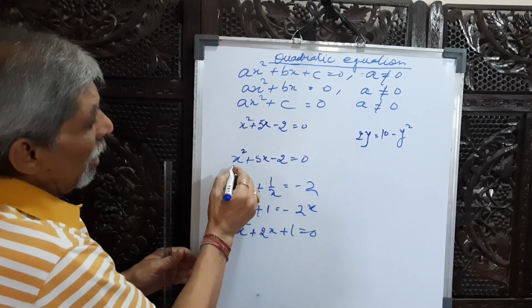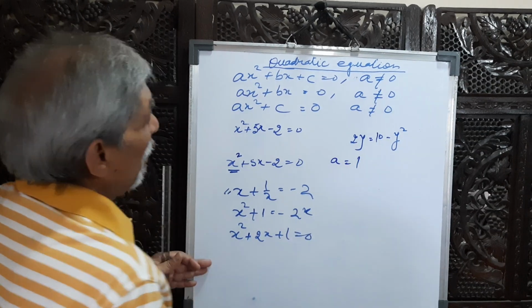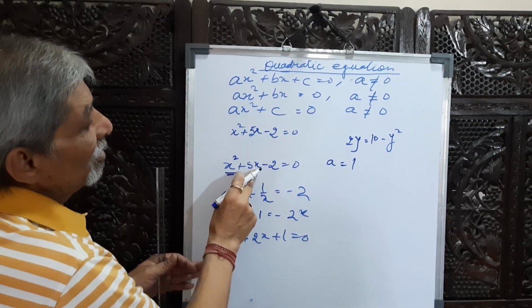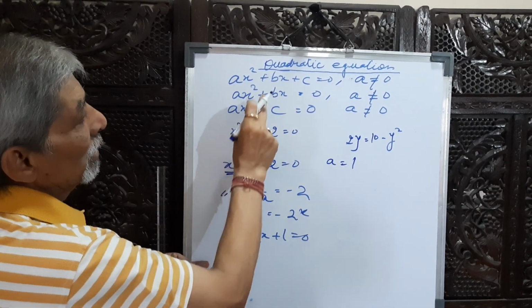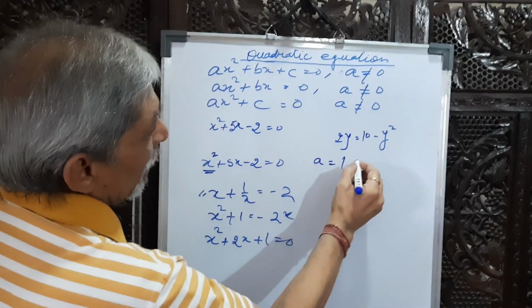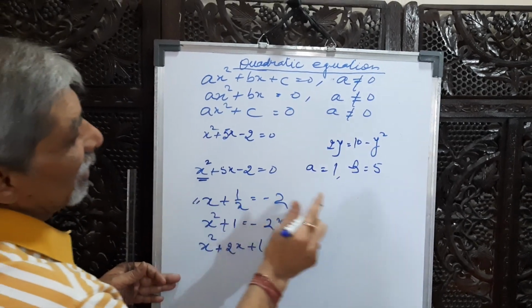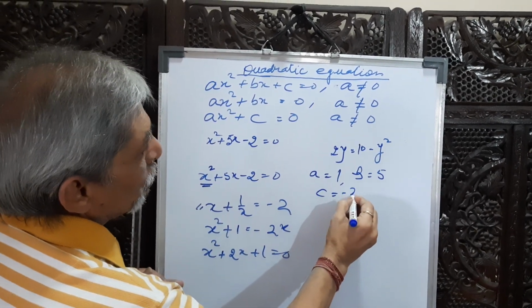So here a is 1 and b, that is coefficient of x is b is 5 and c is minus 2.